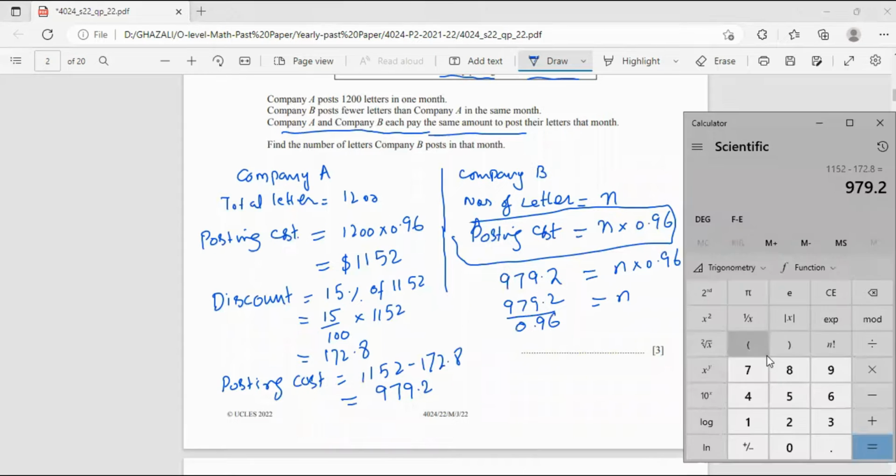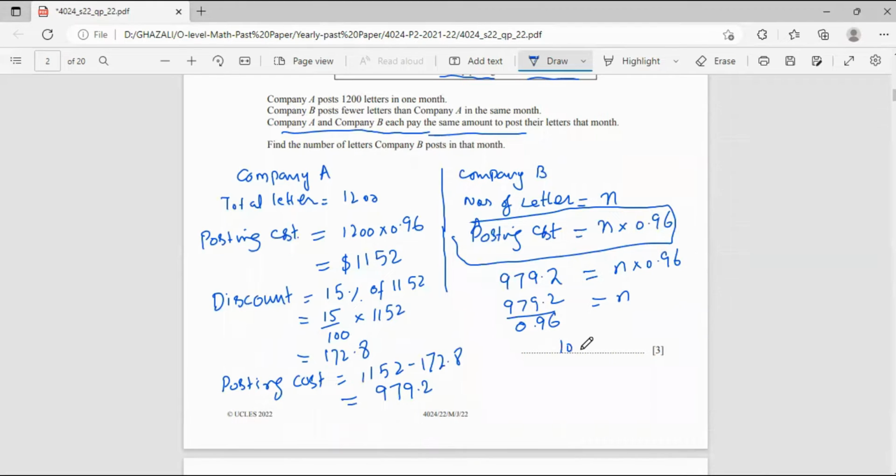Now we calculate it: 979.2 divided by 0.96. The answer is 1020. This is the total number of letters company B posts this month.